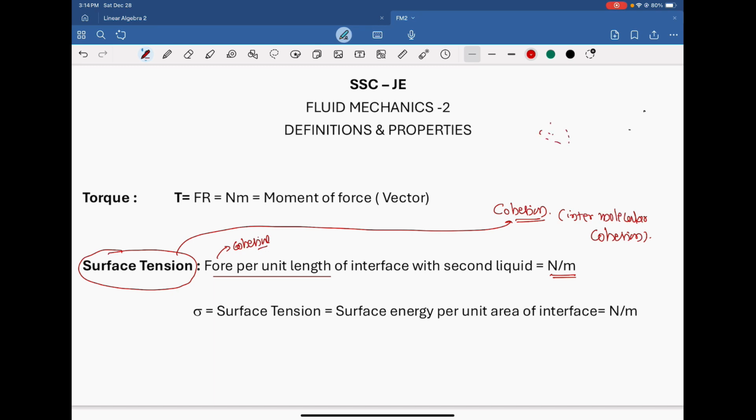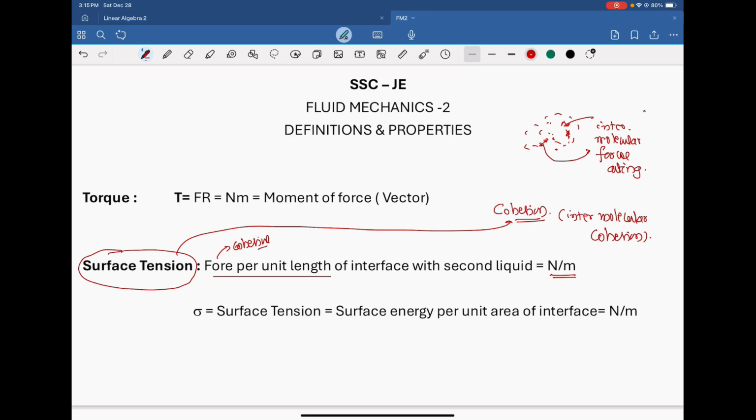There are many molecules of a fluid here. Between each other, molecules have intermolecular forces acting between them. These intermolecular forces between this and this, between this and this, cause cohesion.